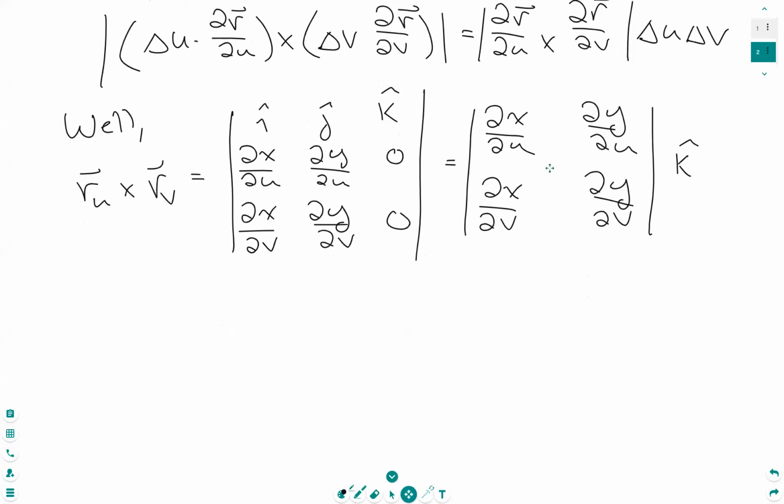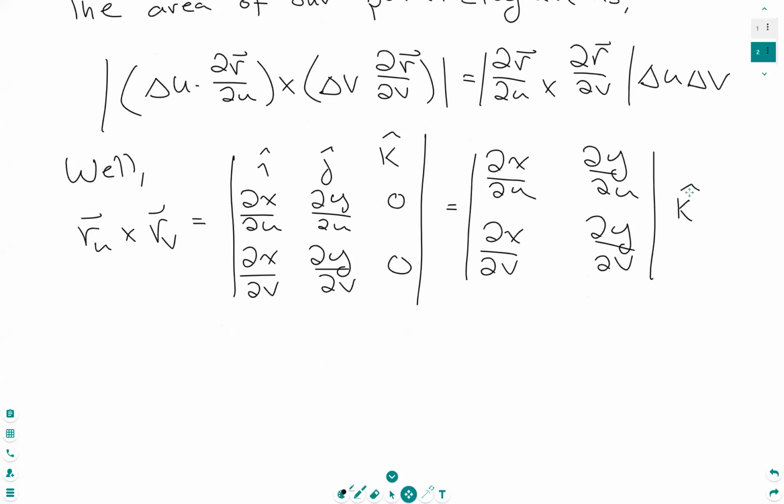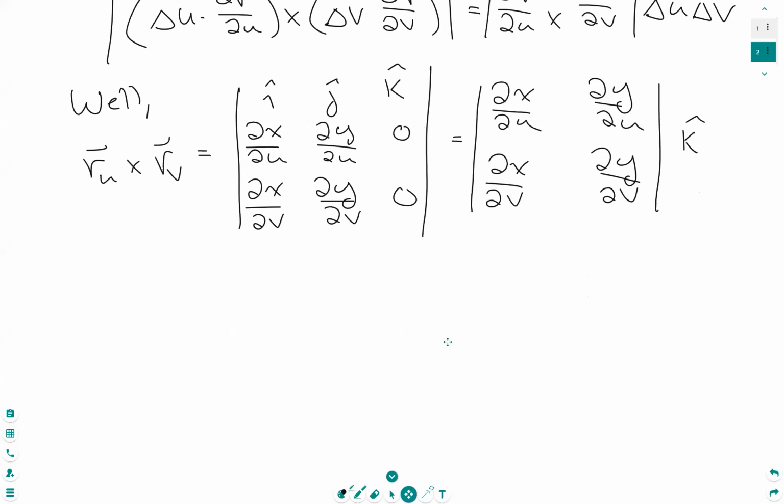So if I take this thing in magnitude, this is just a unit vector, right? So I'll only end up with the absolute value of this determinant. This determinant is called the Jacobian.